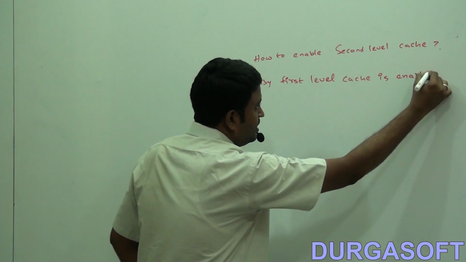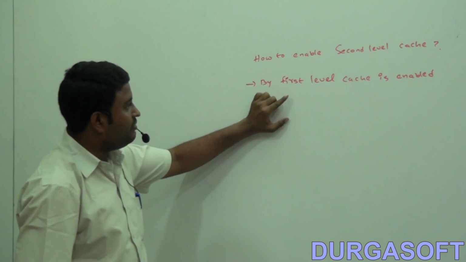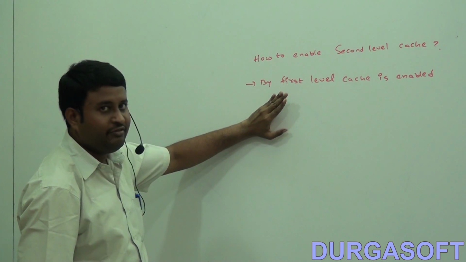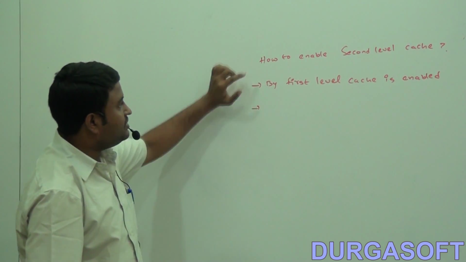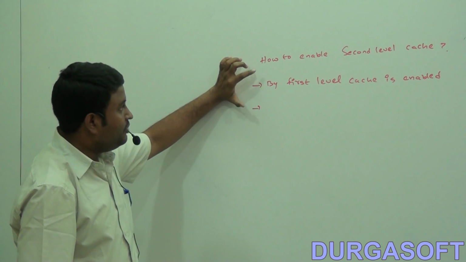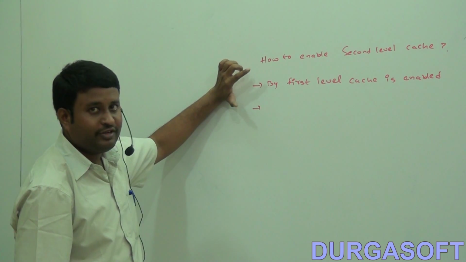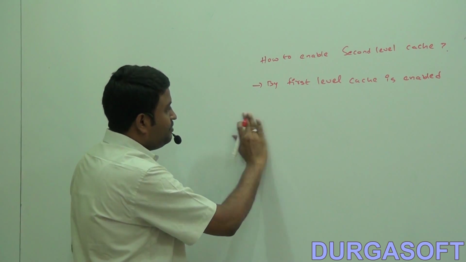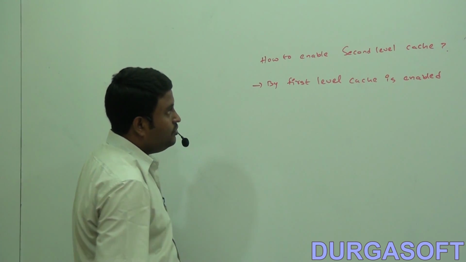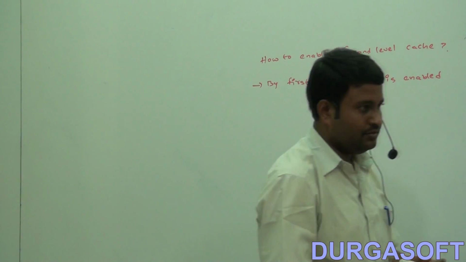As a programmer, we don't have any settings to enable or disable first level cache, but by default second level cache is not enabled. If you want to enable second level cache, we need to do some modifications. There are 3 types of modifications we need to do to enable second level cache.